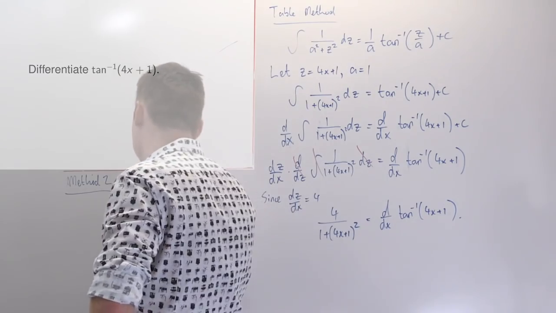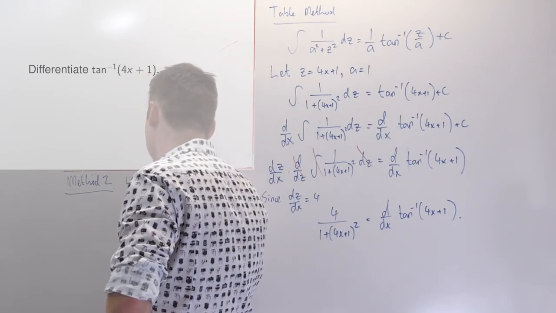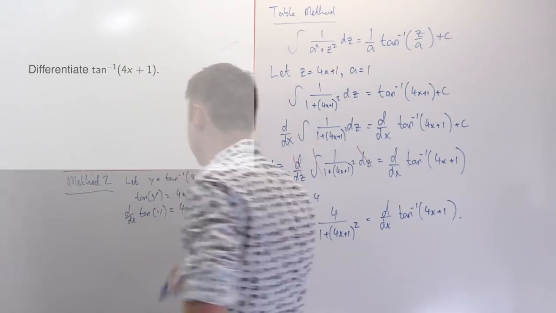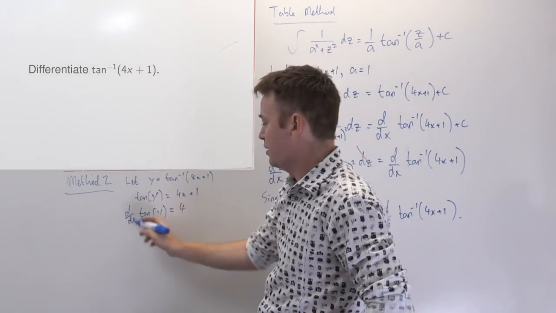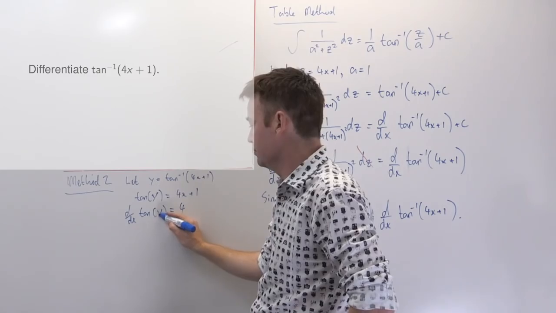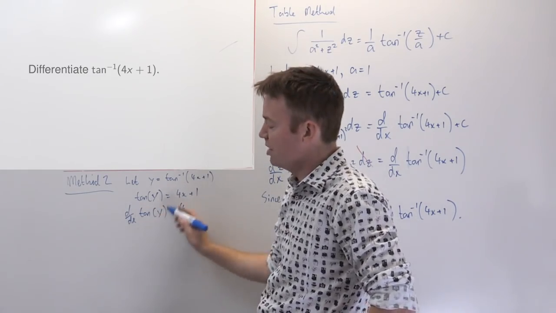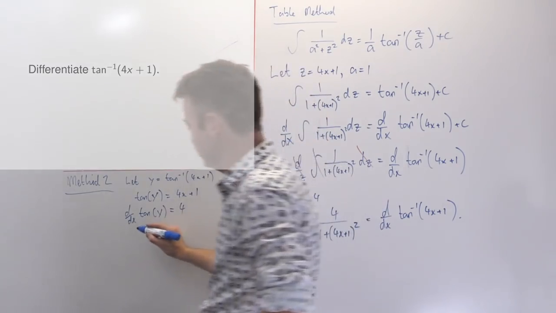So this is d dx of tan y is equal to 4. This thing, I can't differentiate this with respect to x. I can differentiate it with respect to y, so I will.